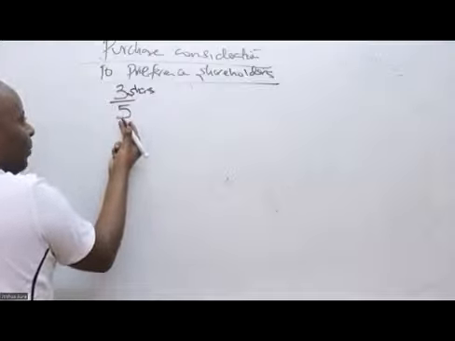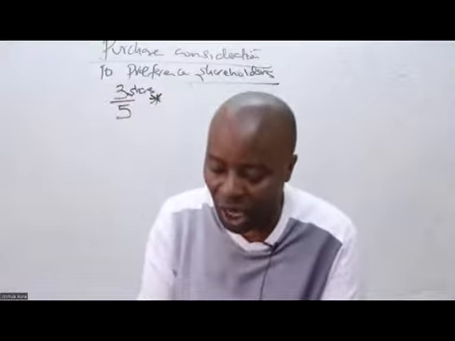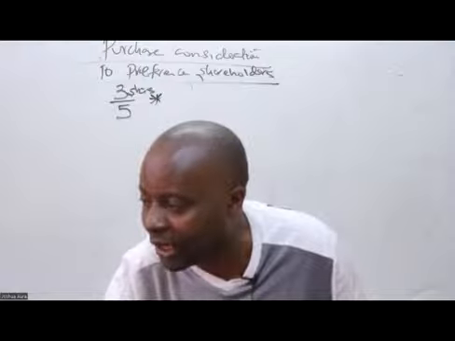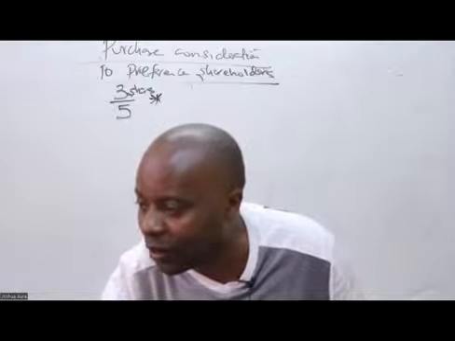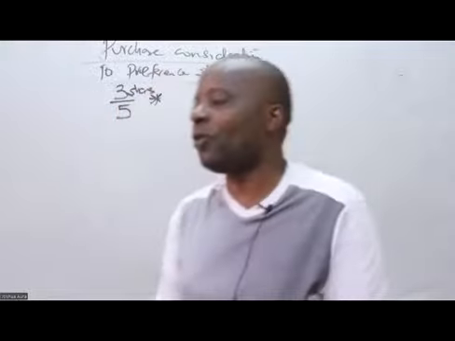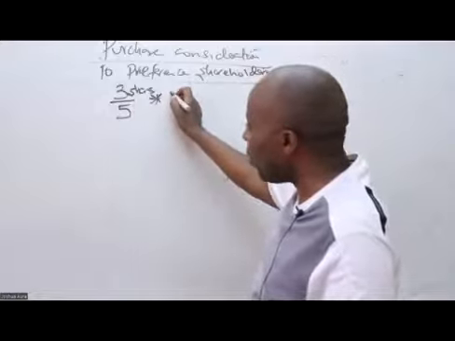So how many preference shares do these guys have? Preference shares, you can see it's 4,000 divided by the 10 that I told you. So it's 4,000 divided by 10, which gives me 400. Please remember it is shares, so it has to be in terms of shares, not amount.